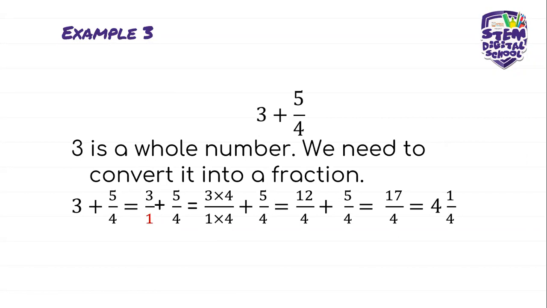And our whole number in this case is 3, and then plus 5/4. So 3 is a whole number, 5/4 is a fraction. It's an improper fraction. How do you add the two? There are two ways.